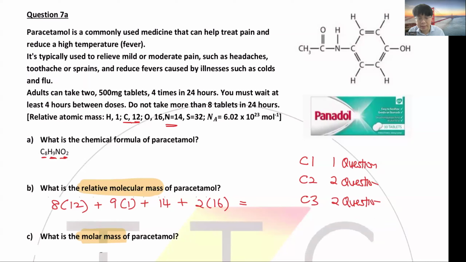Roughly at least. So for chapter 3, one of the questions will be the experiment, just now we did it. One more will be the calculation. You might have two calculation questions.